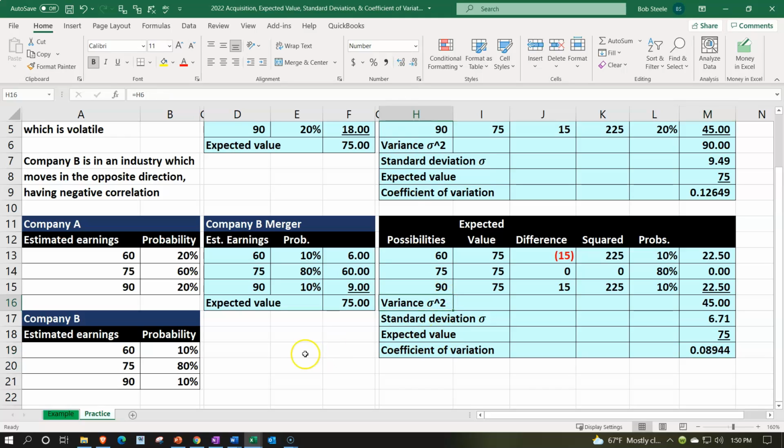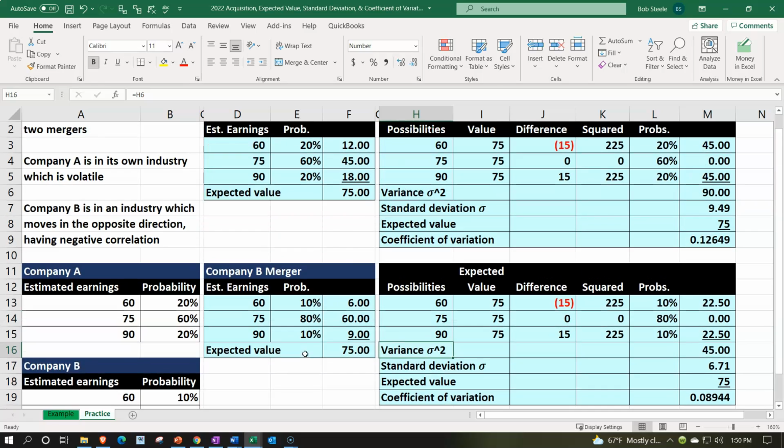So now, if we were to think about these two, we'd say, okay, the expected value is the same. That doesn't help me know which to pick if the expected value is resulting the same. But this one comes up to a coefficient of variation of 0.08911, less than the coefficient of variation up here, which, if the expected values are the same, means we would want to pick this one because that would indicate that it would be less risky.